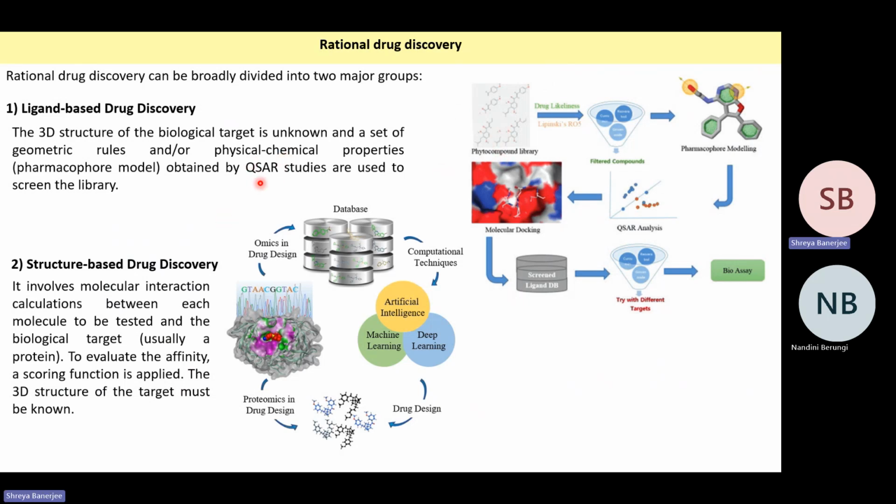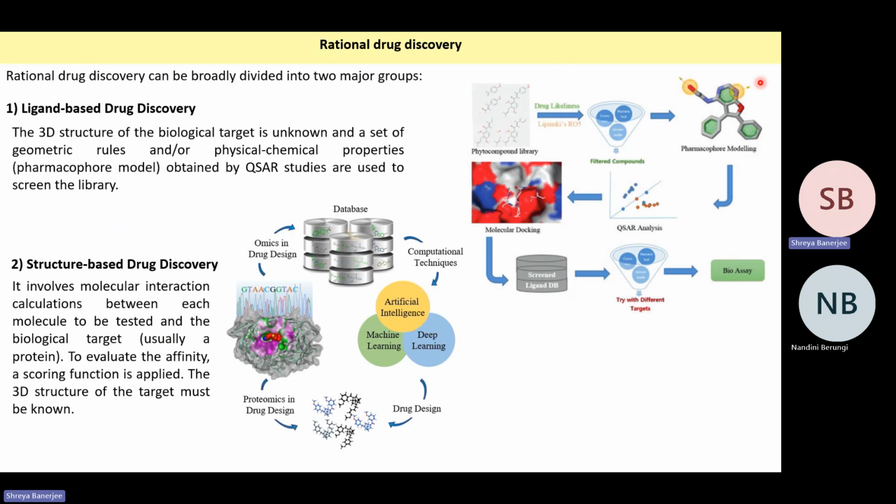QSAR stands for Quantitative Structure Activity Relationship. So this structure activity relationship gives us an idea of what kind of structure will lead to what kind of biological activity. So based on that, we will design the pharmacophore.